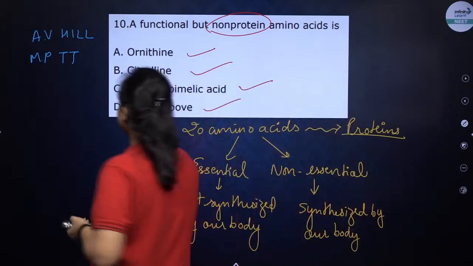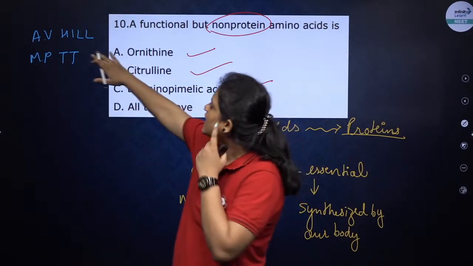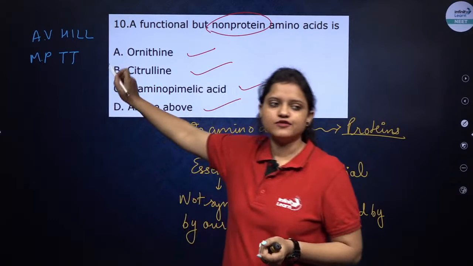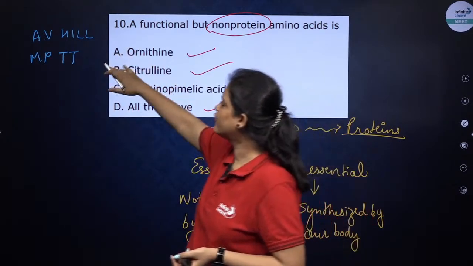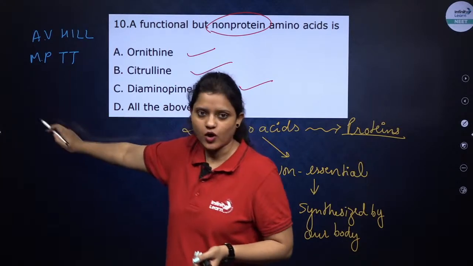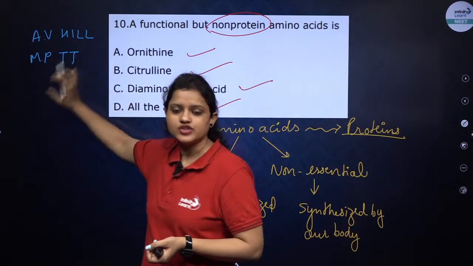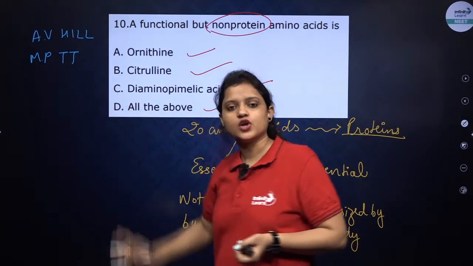Now AV Hill: A stands for arginine, V for valine, H for histidine, I for isoleucine, L for leucine, L for lysine, M for methionine, P for phenylalanine, T for tryptophan, and T for threonine.